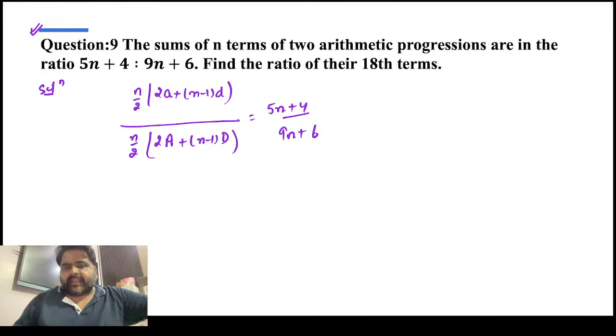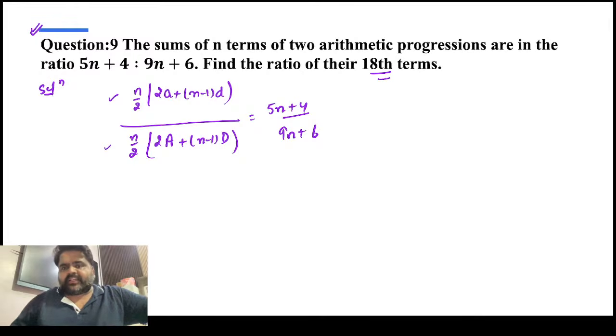The sum of the n terms of the two arithmetic progressions are in the ratio of this: the sum of the n terms for the first arithmetic progression, and the sum of the n terms for the second arithmetic progression. The ratio is this. Now try to solve this one, and what do you need to calculate?